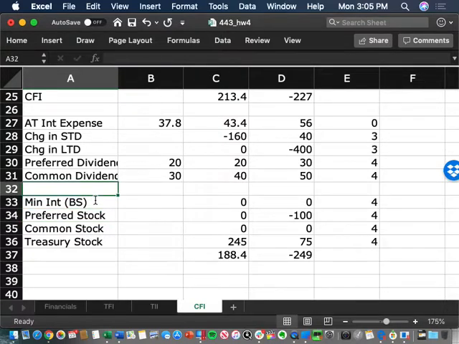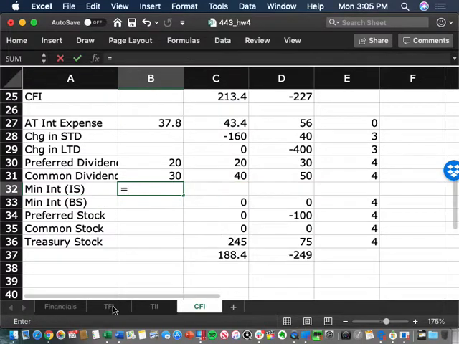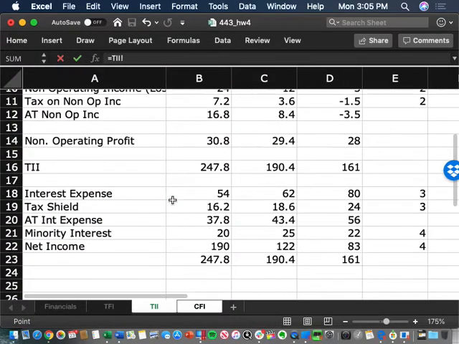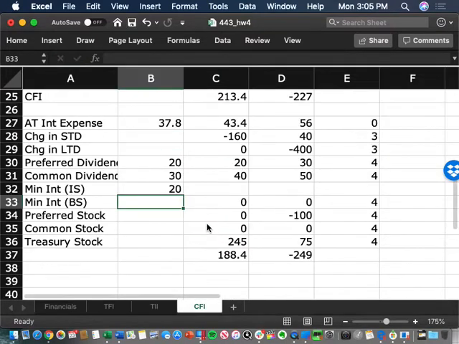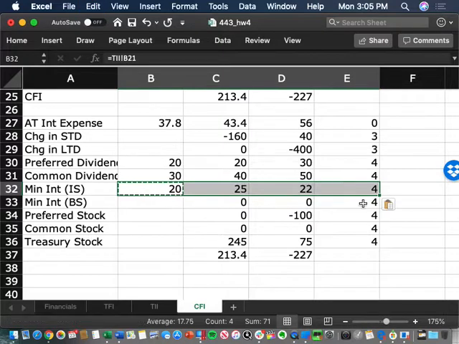This is where, again, labeling would have helped us eventually figure this out. But I didn't do the minority interest on the income statement payment. That would have been, and notice mysteriously that I now balance.